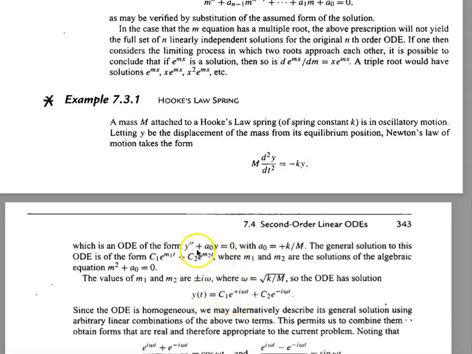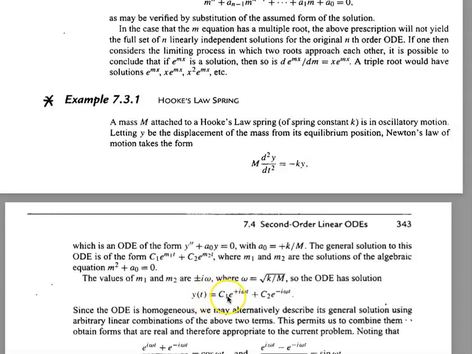Once you solve the initial equation, which is this one, you get that m is equal to plus or minus the square root of a sub 0. And a sub 0 in this case is k over m. Since m is plus or minus here, you can call one m1, call the other m2, and you get two solutions.